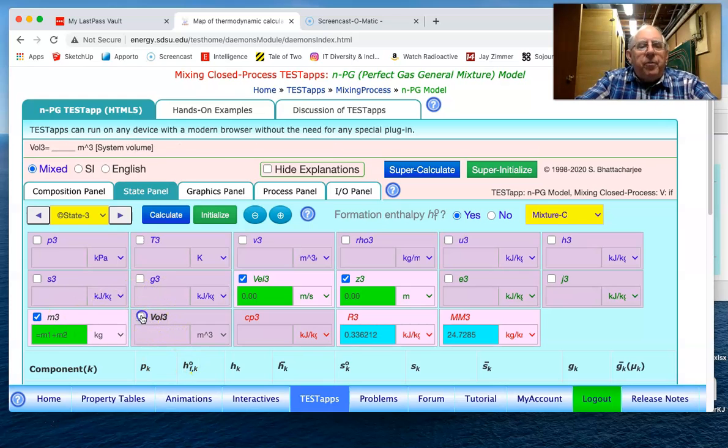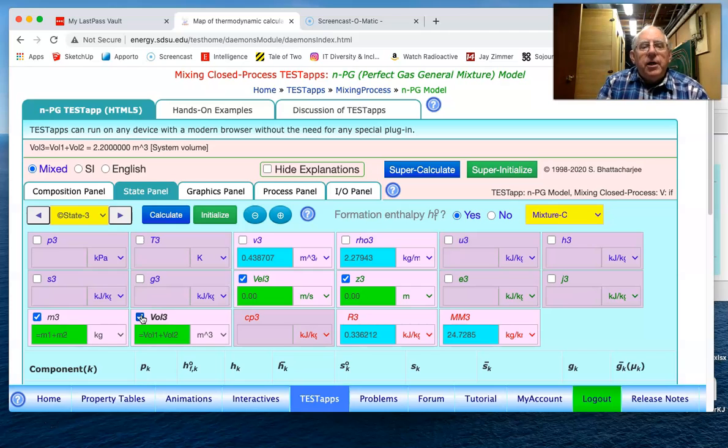We also know that when the valve was opened up, the total volume is now shared by both of the two mixtures. And so we've now put in the mass and the volume. And as you can see, it did calculate the value of the specific volume, which is just the total volume divided by the total mass.